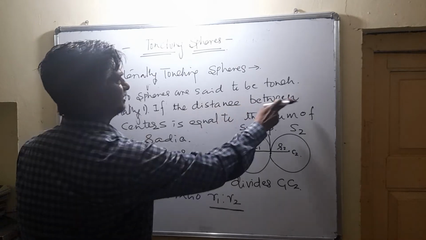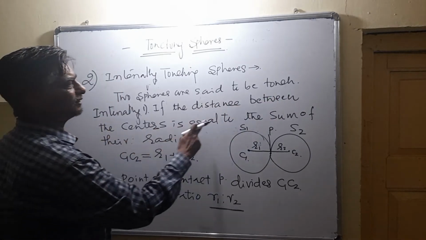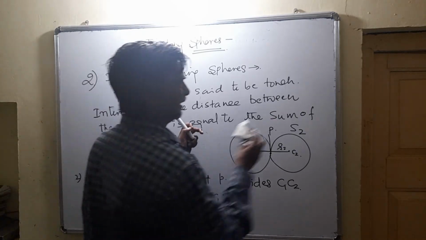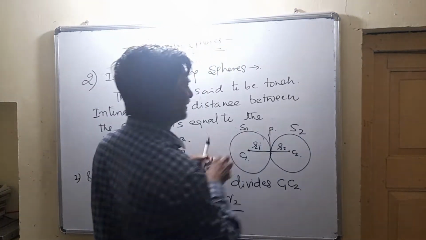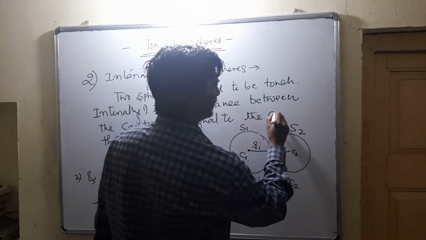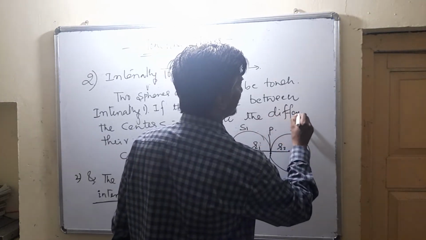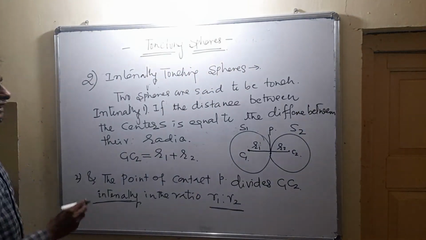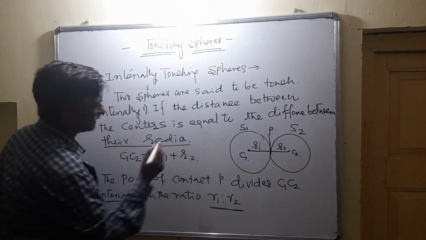If the distance between the centers is equal to, in external it was the sum, here it is the difference between their radii.